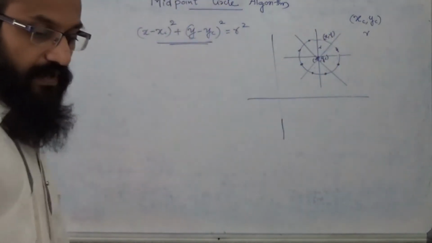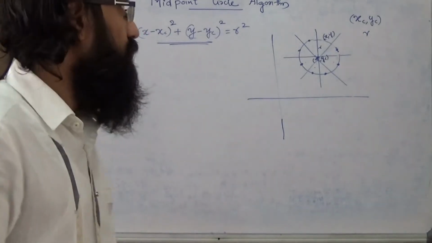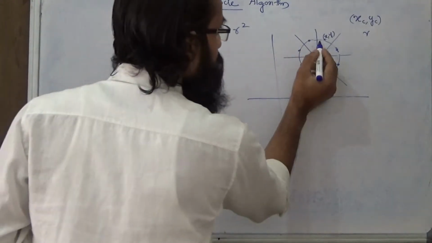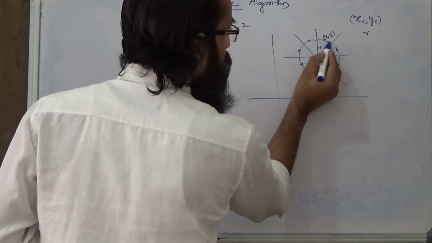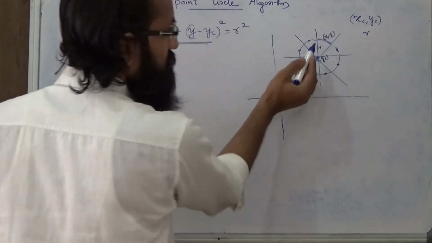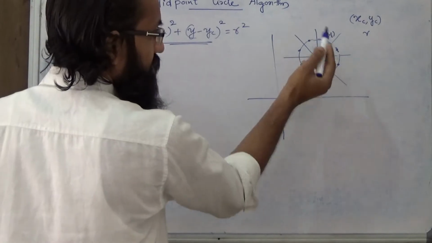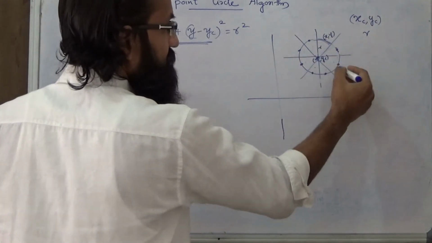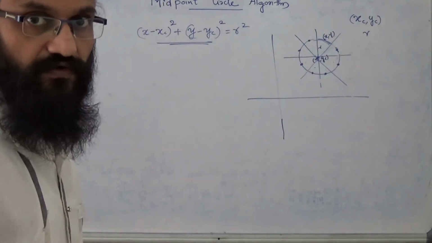So we can bring this circle drawing problem down to determining the points on the circumference of the circle in this octant. If it is possible to compute the points in this octant, you can have the equivalent symmetric points on the other 7 octants.